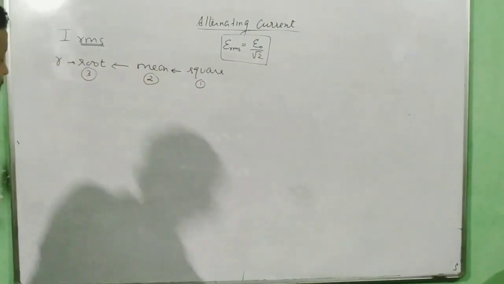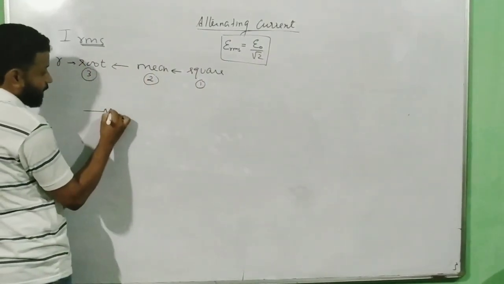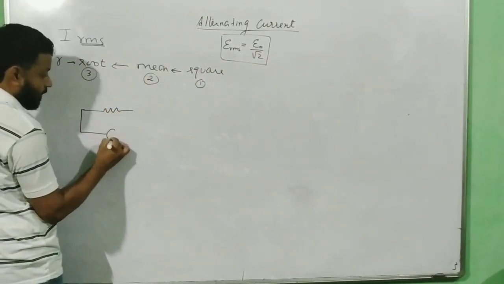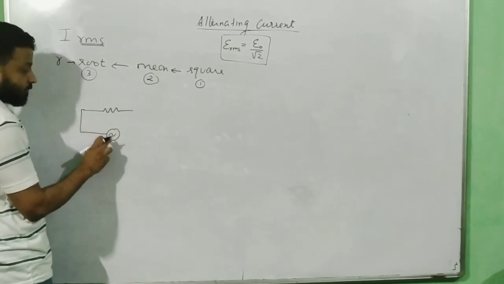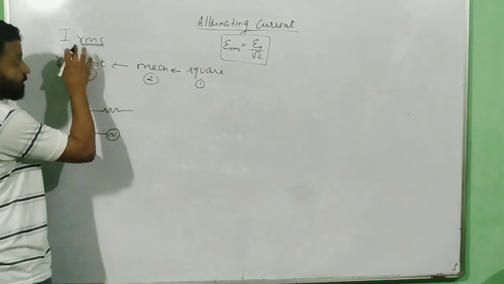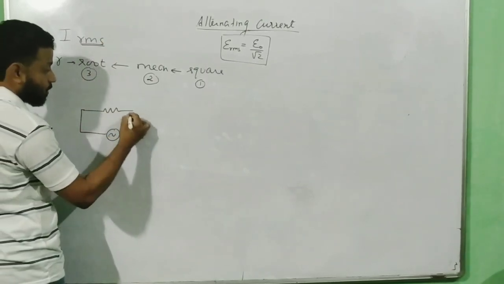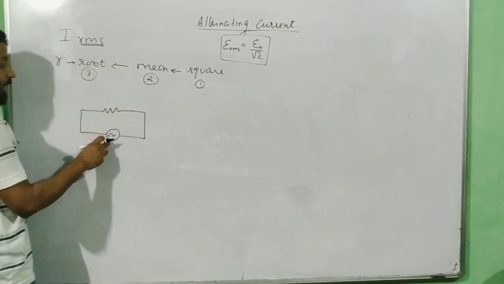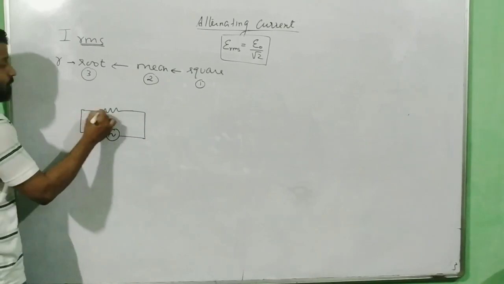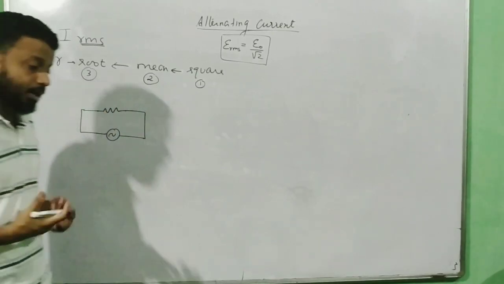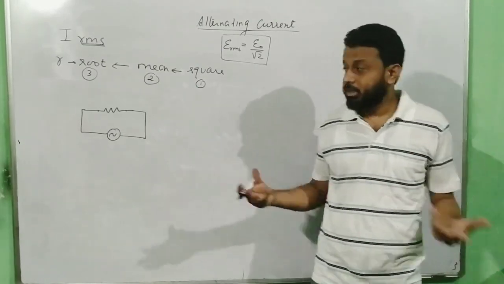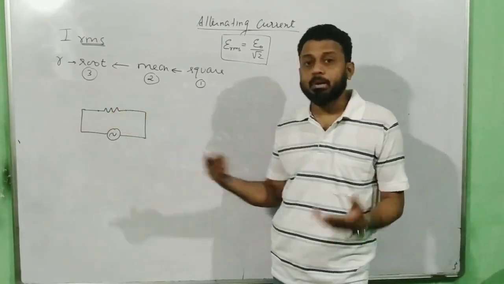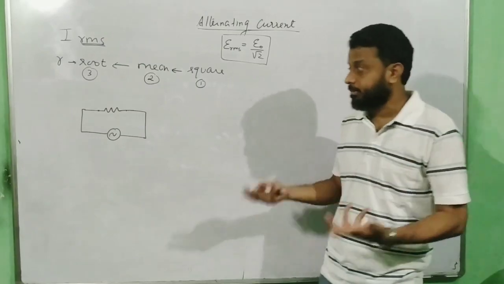When an alternating current flows through a resistance, this is the symbol of an alternating voltage supply, which is generating a current in the form of I naught sin omega t or I naught cos omega t. At the end, what matters in electricity is how much load we are getting, because this resistance is the appliance.